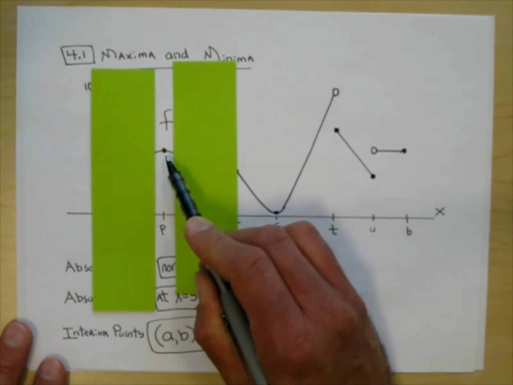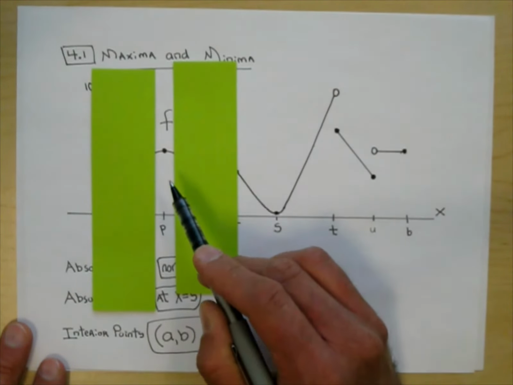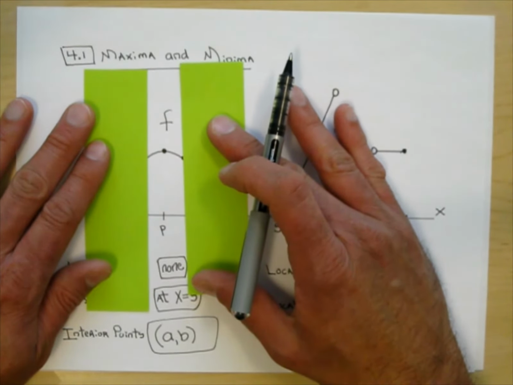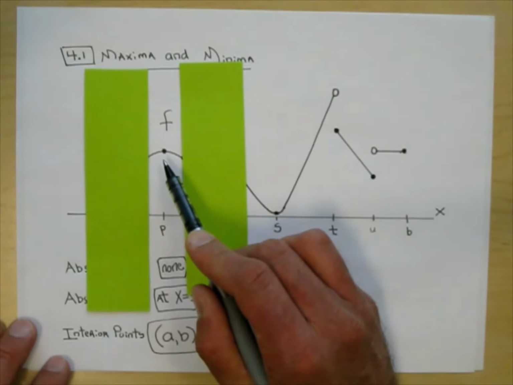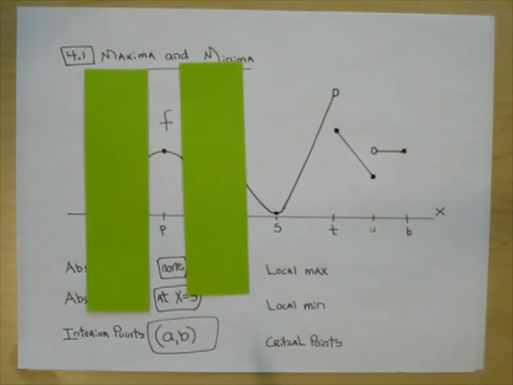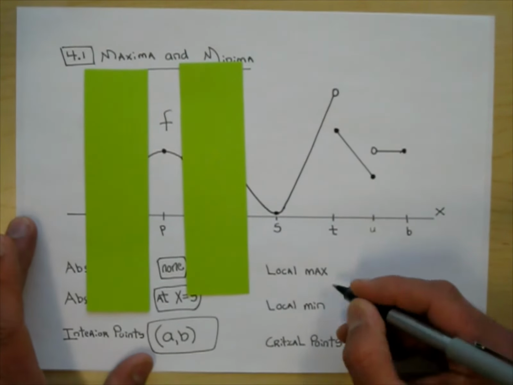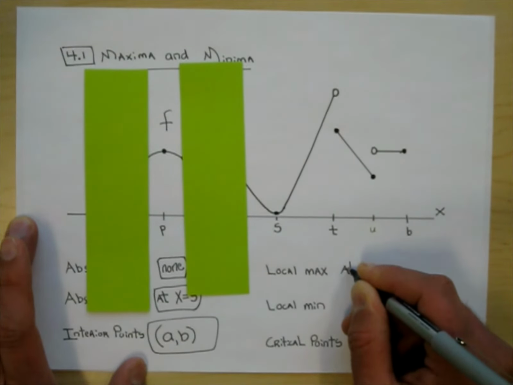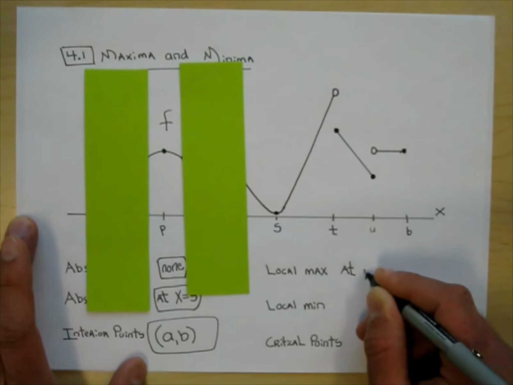A local maximum is the highest interior point within a given neighborhood of the point. And he is the top dog of that neighborhood. He's even the top dog of that neighborhood as well. He is the highest point. So when they ask us to list the local max, they're going to actually ask for the local max locations in these problems. So I'll say at, and we better put point P.